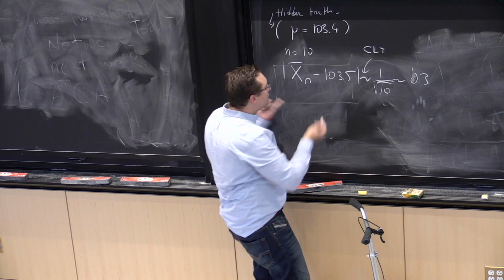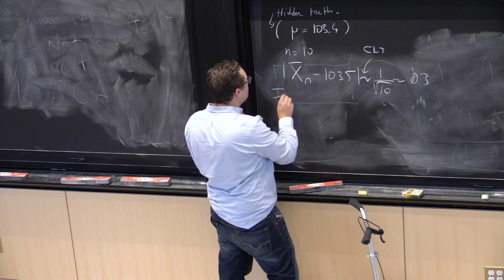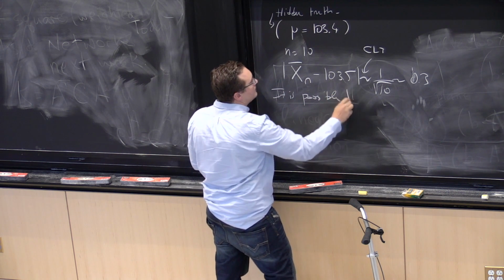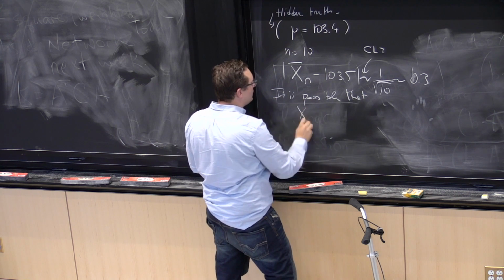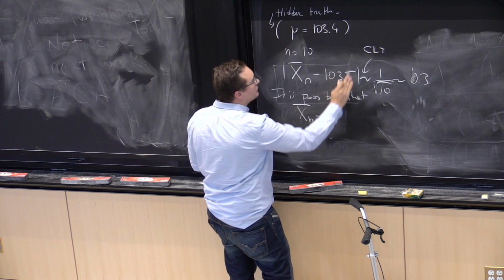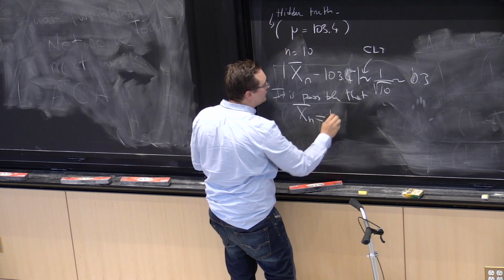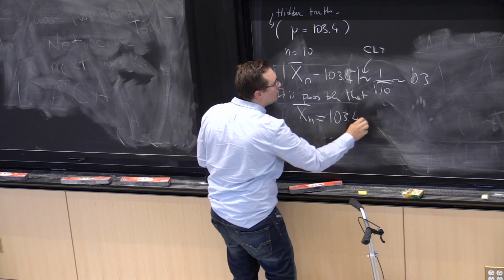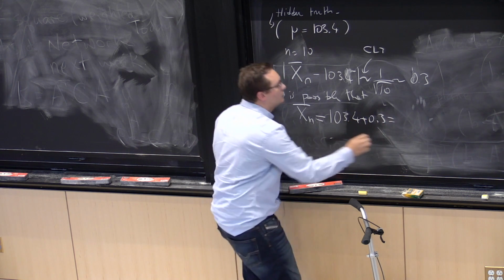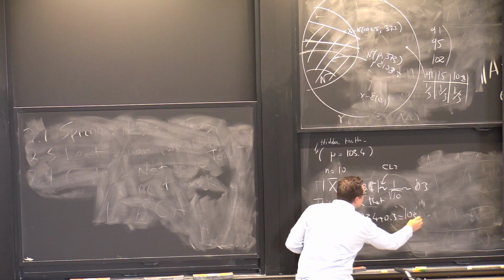What it means is that it is possible that X bar n is equal to 103.4 plus 0.3, which is equal to 103.7.